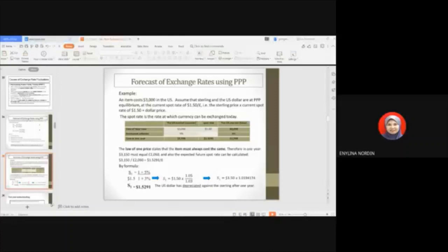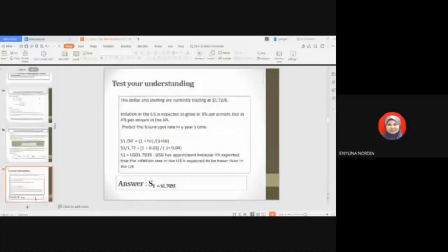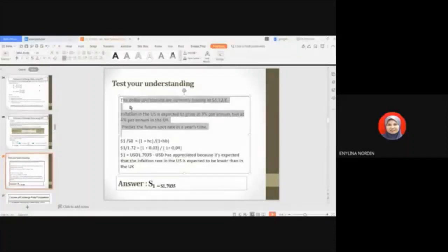Right, now the next slide is another example. How are we going to calculate the expected spot rate? We take this example. Hold on. I copy it here, and then I go to this.